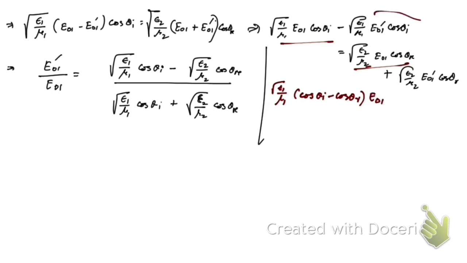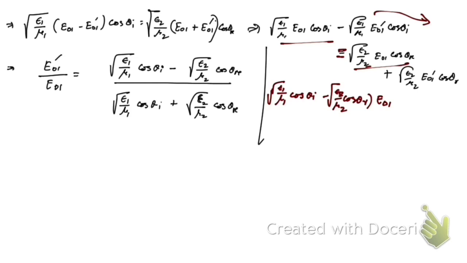Similarly, if you transfer to the other side of this equal sign, then that's going to be positive. The common part is only the amplitude, that E01. So here we're going to have again root epsilon 2 and mu 2, right? Because here we have epsilon 2 and mu 2.